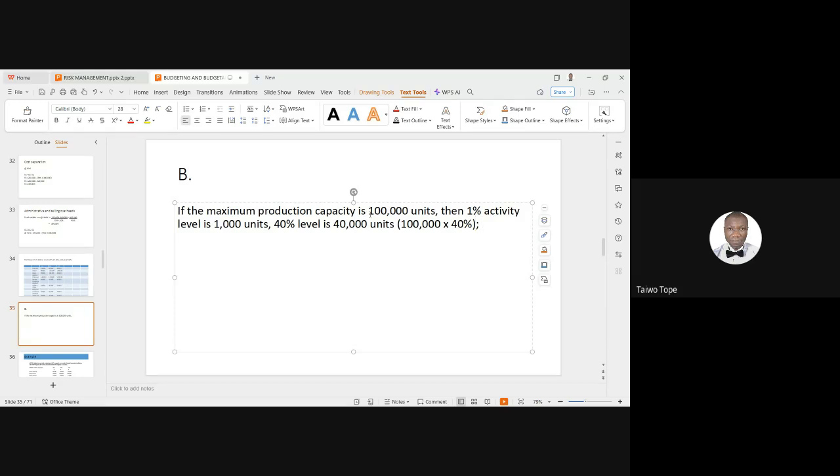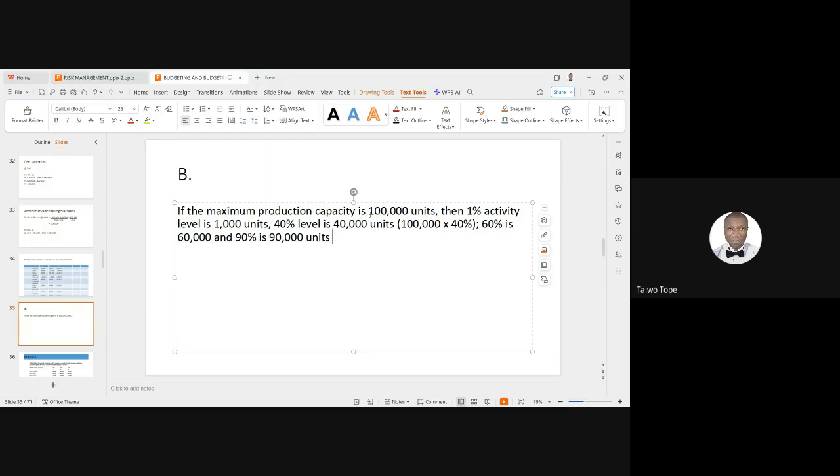Then 60% activity level will be what? It will be 60,000 units. That is 60,000 units. And 90% will be what? It is 90,000 units.